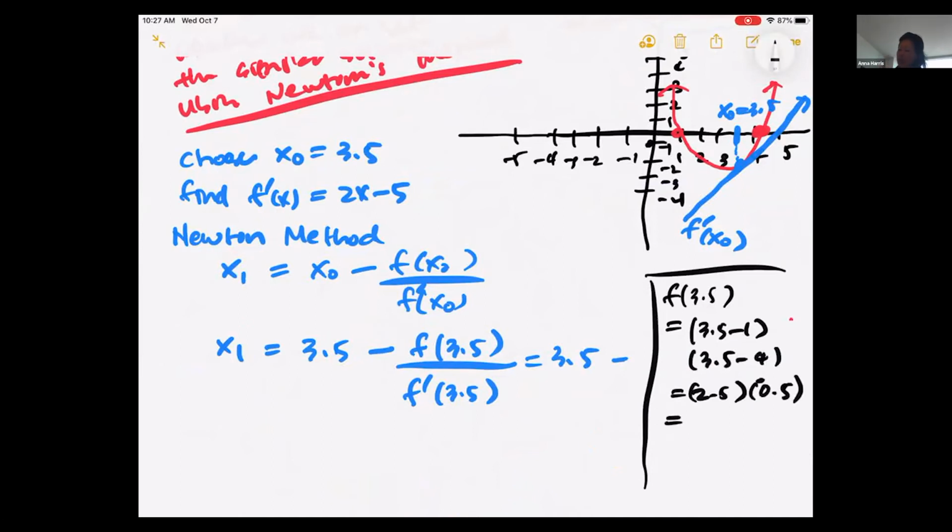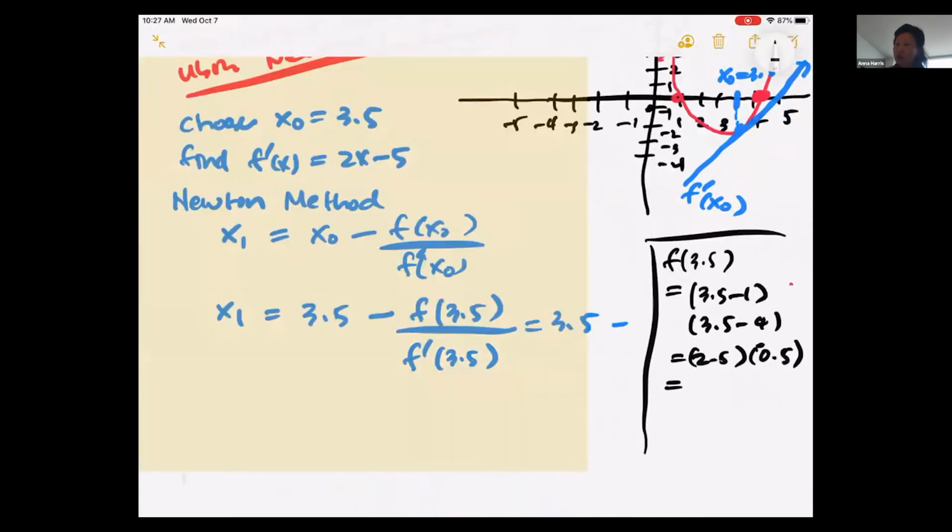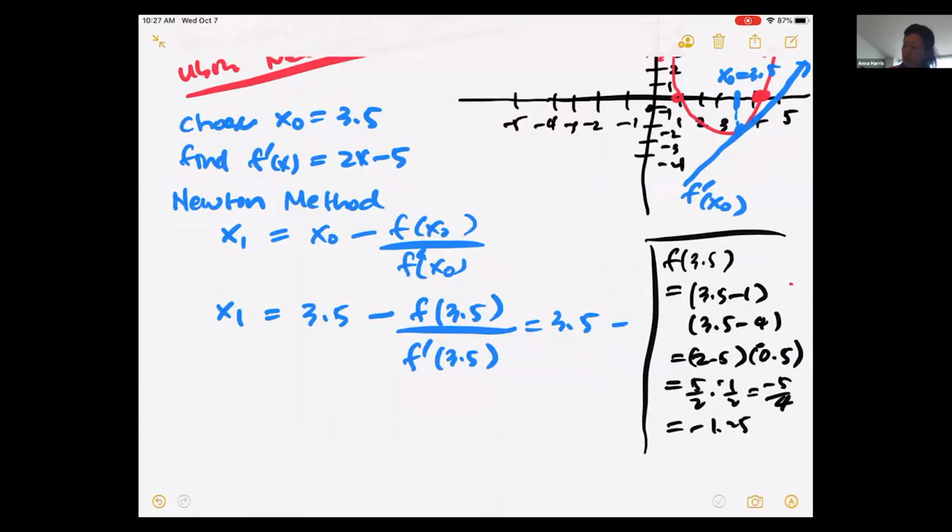So what do you get? If you want, you can put it in your calculator, but I'm just doing it. So 2.5 is the same as 5 over 2 times negative 1/2, so it'll be negative 5 over 4, which is the same as negative 1.25. So we just got that part.